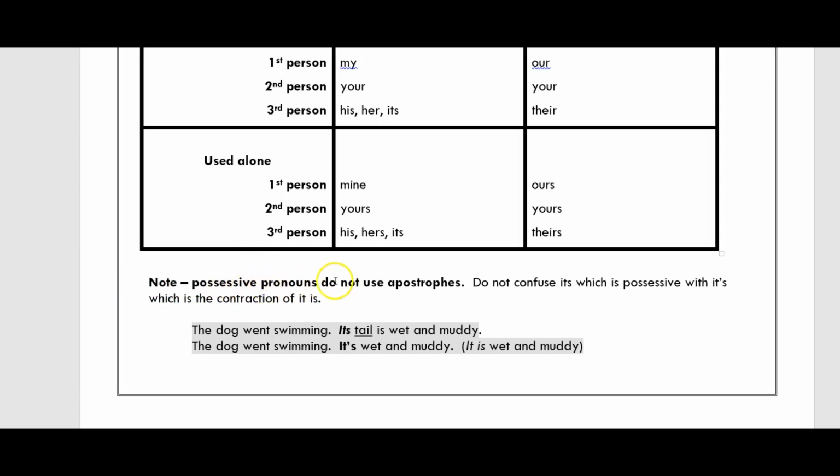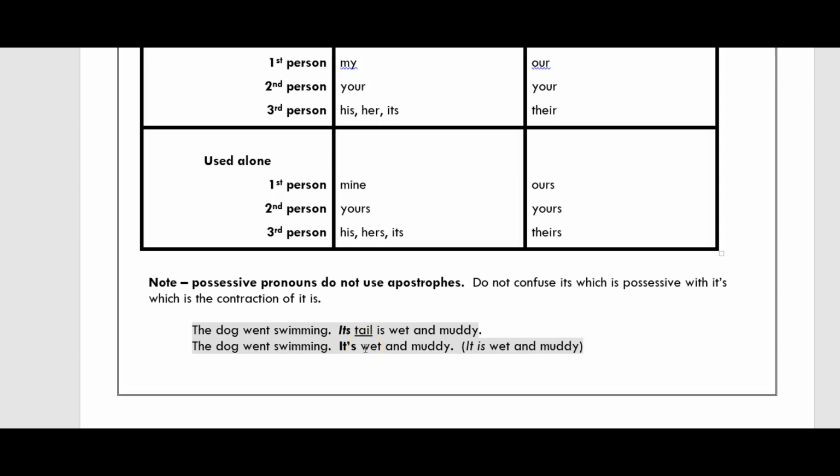So possessive pronouns do not use apostrophes. So I know that we're always on you about using apostrophes with your possessive nouns, but when it's a pronoun, we don't. And the reason for that is because we do not want to confuse it with the contraction, okay? So in other words, especially with it's, with the apostrophe, is the contraction it is.